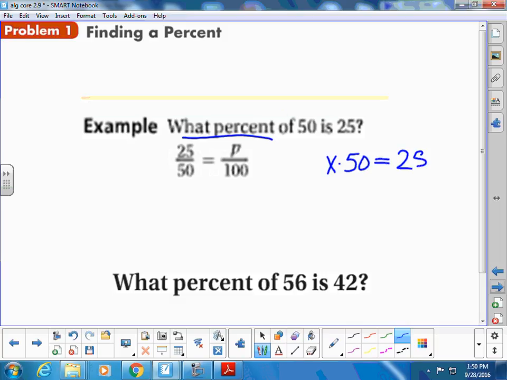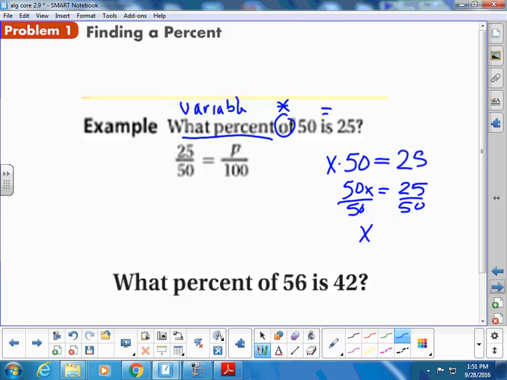So if you see of, we're going to do multiplication, is means equal. What is a variable? So if I take 50 times x, that is 50x, equals 25, divide by 50.